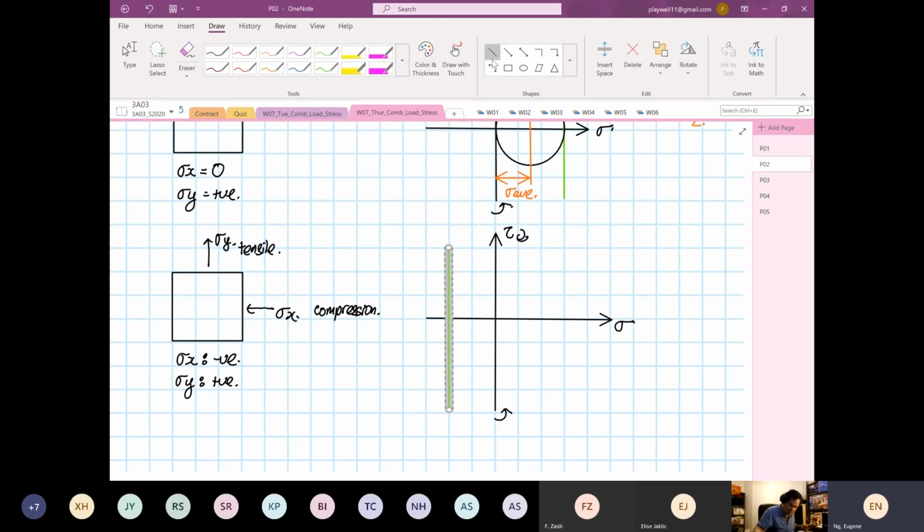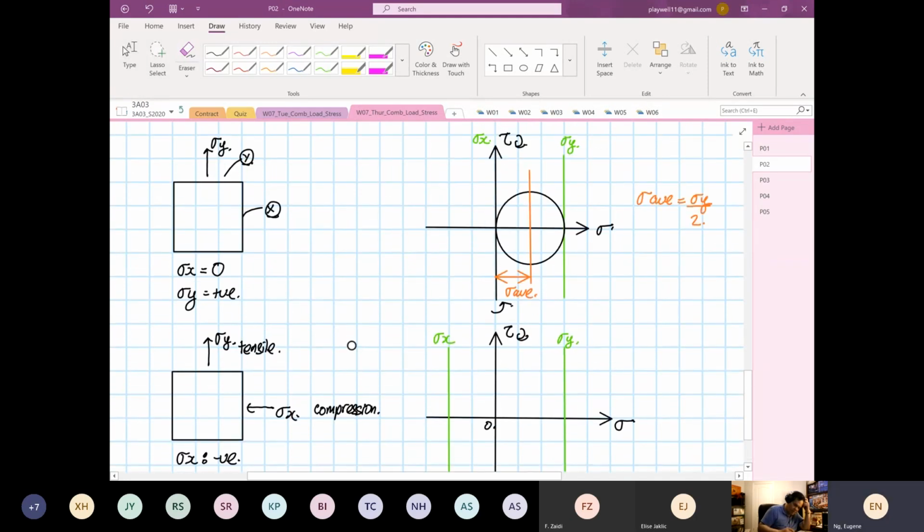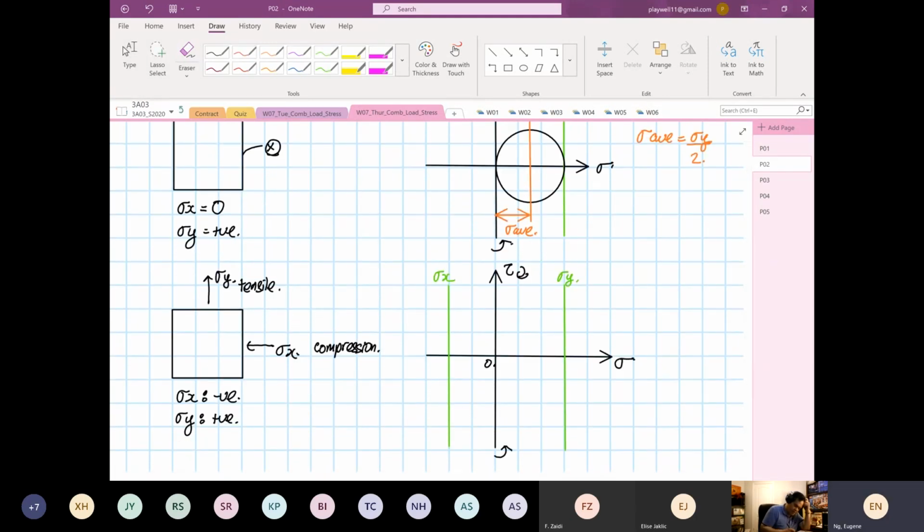And then we have our stress Y in tension, like what you can see down here. So you have your stress X, stress Y. I think I have to label this point as 0 so it's more clear to you. So again, we have to label this as your point X. Okay, so this will be your point X.